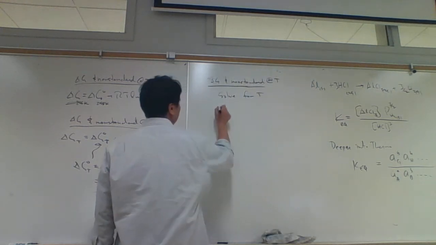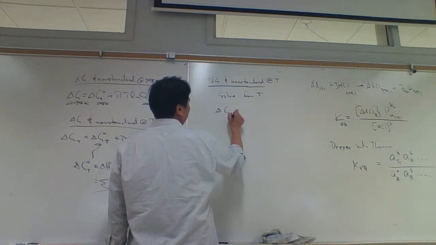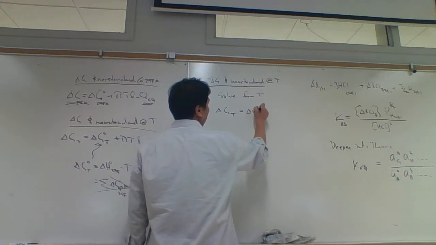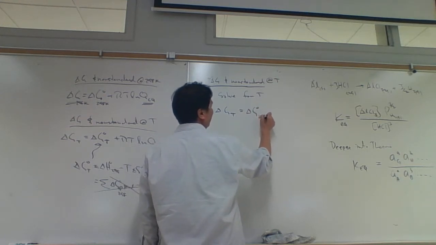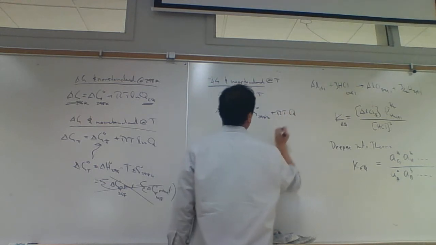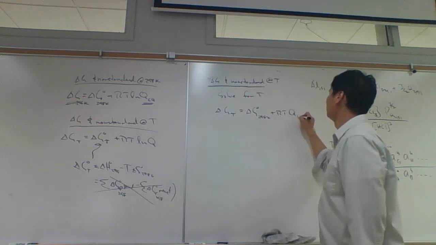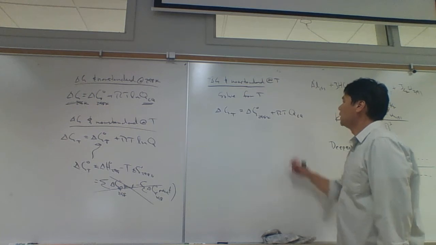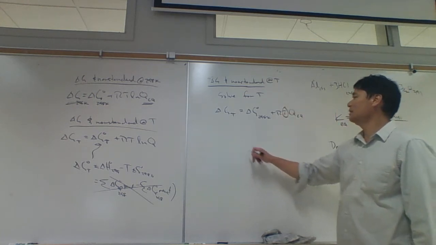You know, for example, if we did delta G naught at temperature T is equal to delta G naught at 298 Kelvin plus RT ln Q. Can we solve it for this T here?